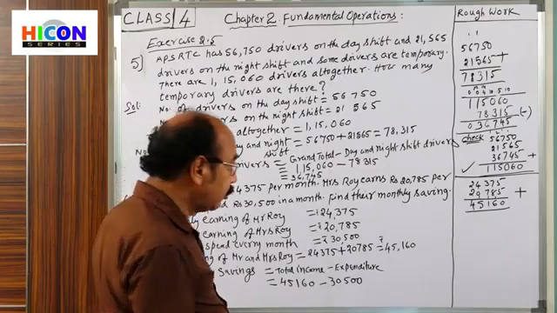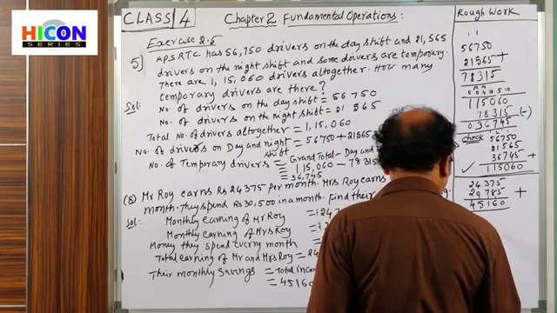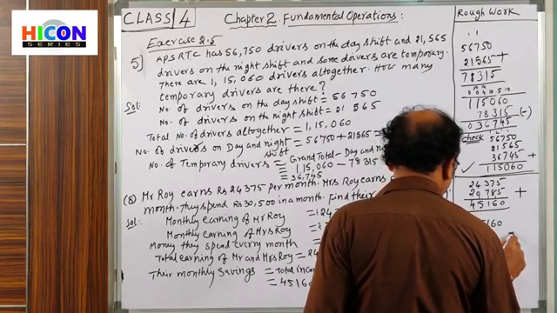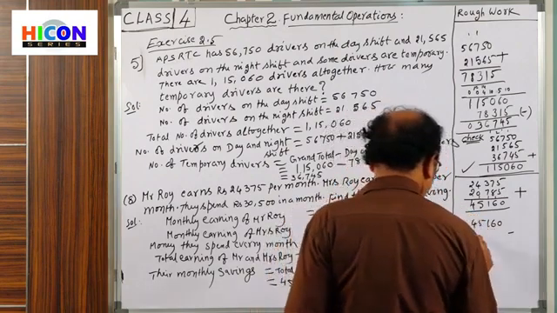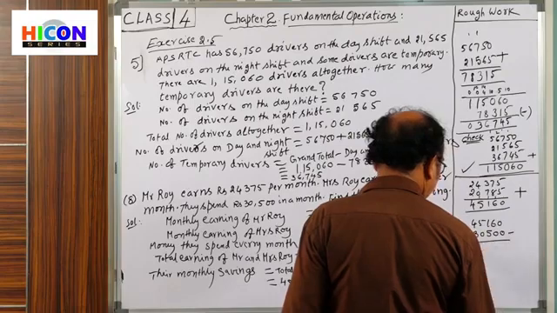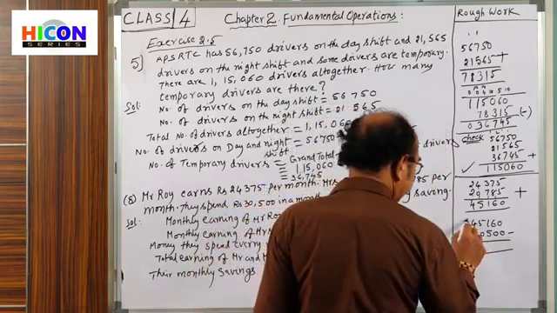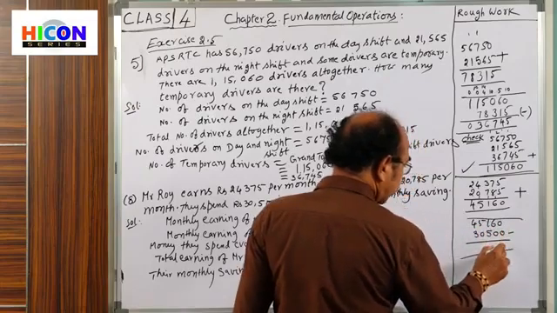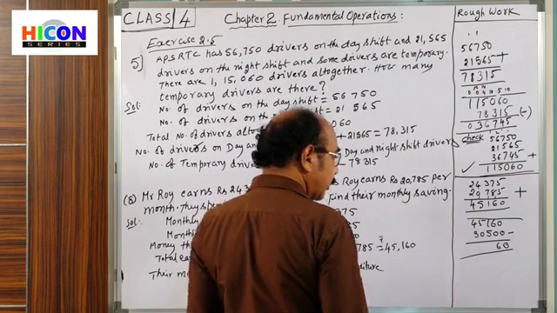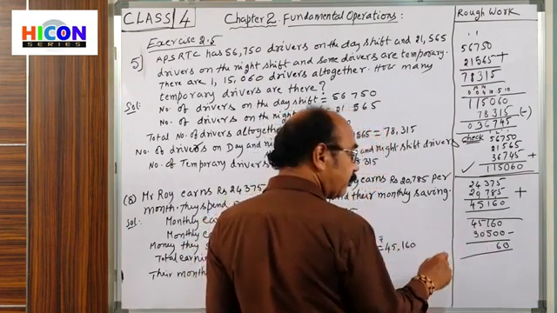Okay, students, now you see, subtract. 45,160 minus 30,500. 0 minus 0, 0. 6 minus 0, 6. Here we cannot subtract 5 from 1, that's why borrow from its before place.